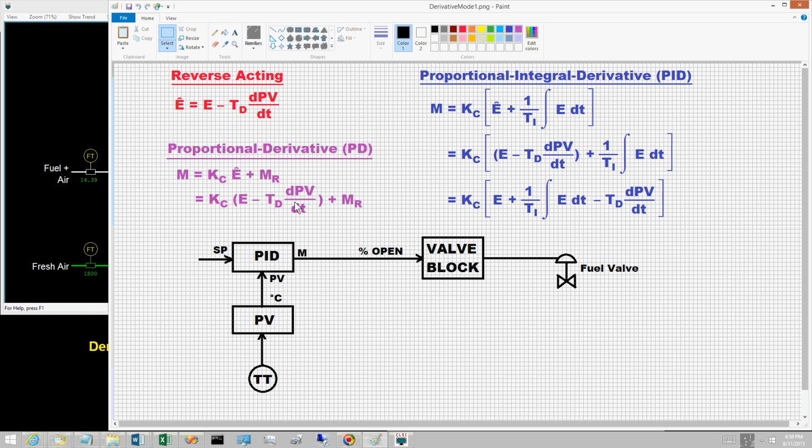Doing the same to the PI control equation gives a PID control equation. Start with the PI control equation, written in its customary form, but with E hat instead of E in the proportional term. Replace E hat by E minus T sub D dPV/dt. Then write the terms in the order suggested by the PID.